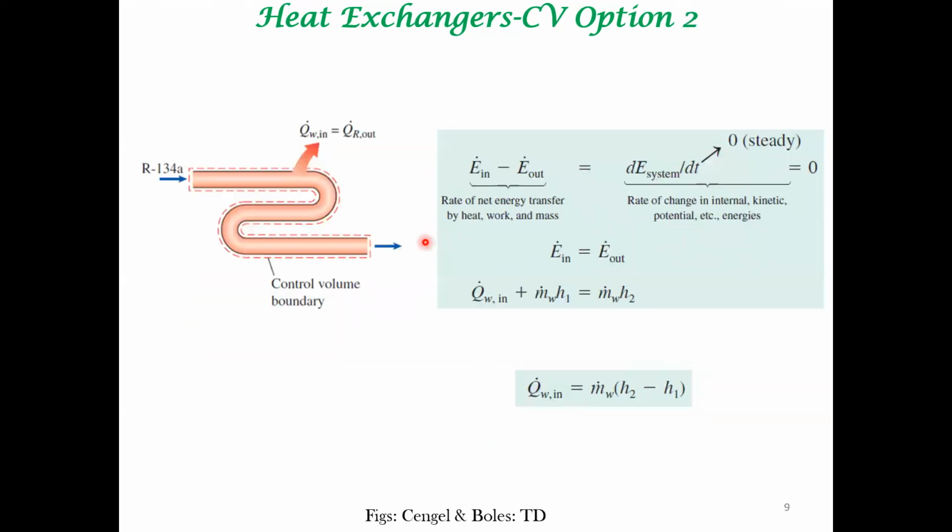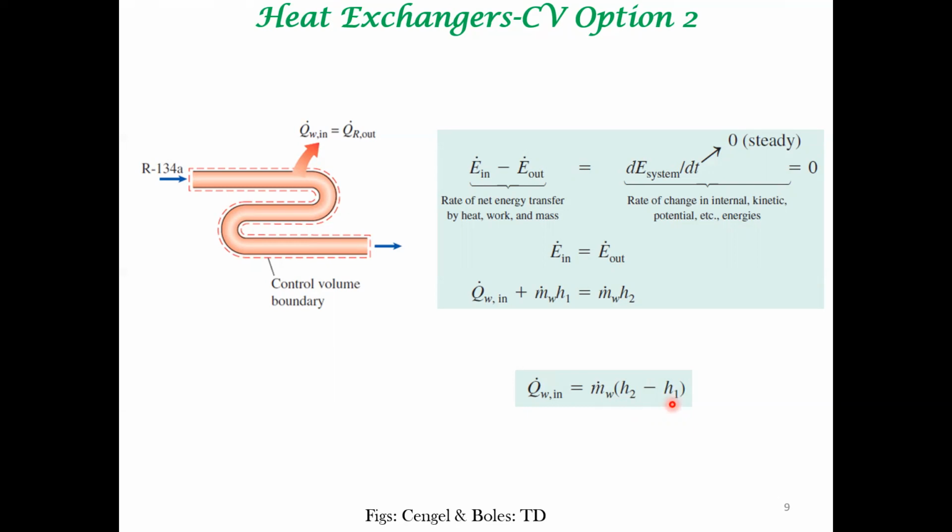Okay, so the heat that is transferred from this control volume is being used to change the enthalpy of water, right? So the net rate of heat transfer from this control volume is equal to the mass flow rate of water, that is the same at the inlet and the outlet of the water stream, times the enthalpy change between outlet and inlet of the water stream.